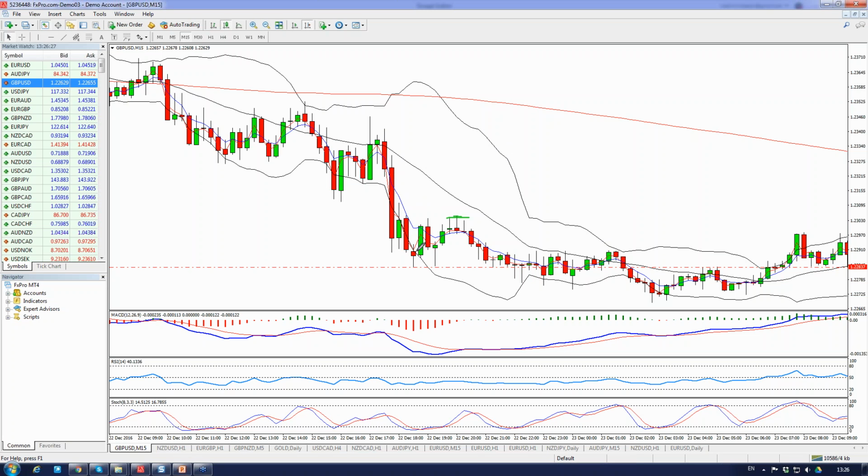Where are the last two candles that created lower highs, lower lows? I'll mark two options for you in two different colors. This candle and this candle, that's option number one. Or option number two, this candle and this candle.